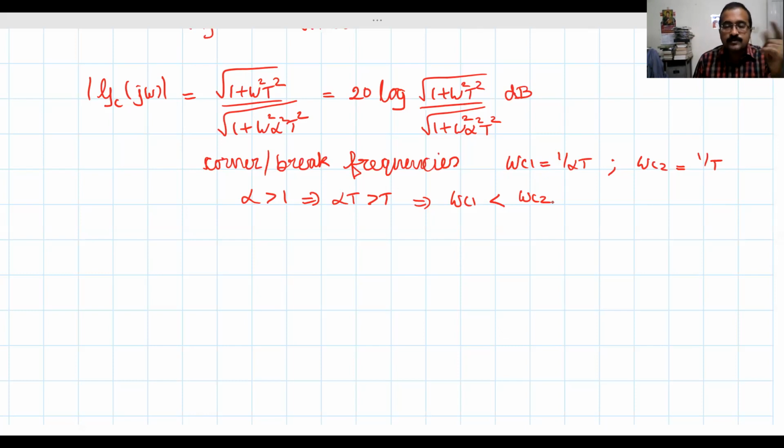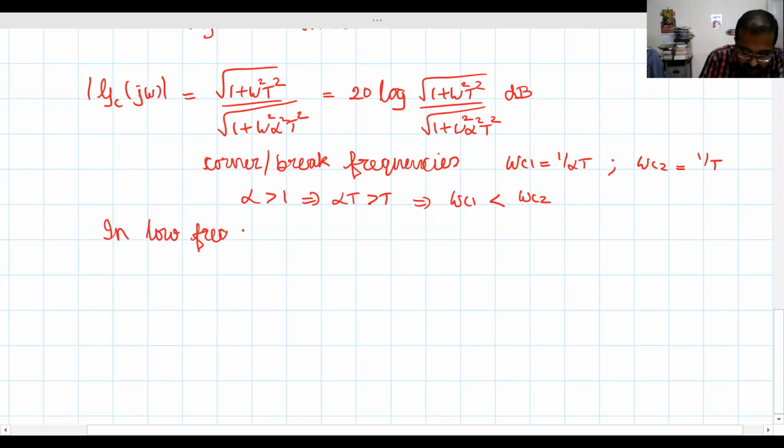Now, in the low frequency range, that is up to omega c1, since frequency is very small, what happens here?